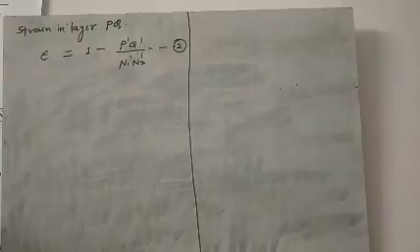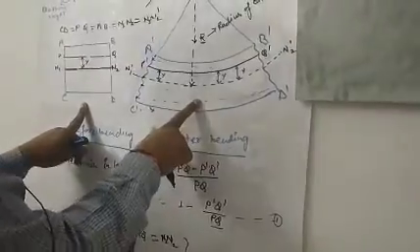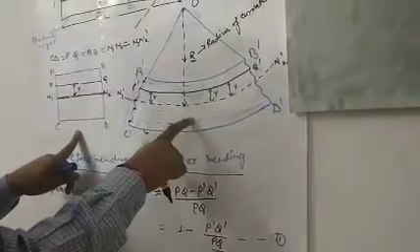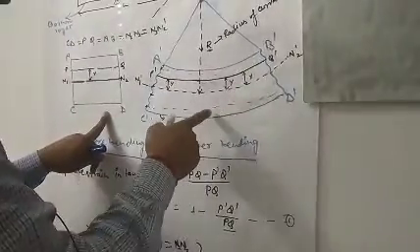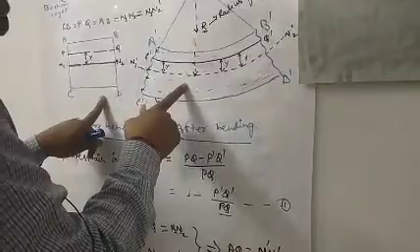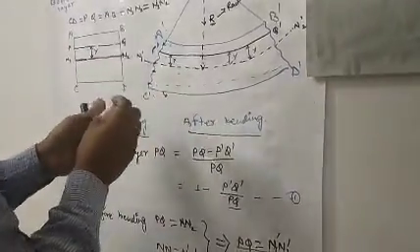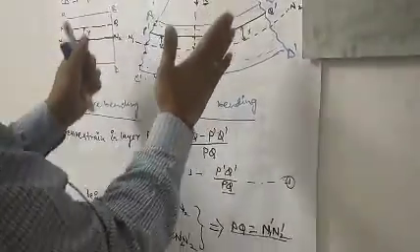Now, if you consider this figure again, our beam is either made of steel or made of concrete, right? The kind of curvature that we have made, we find that there is slight curvature, right?